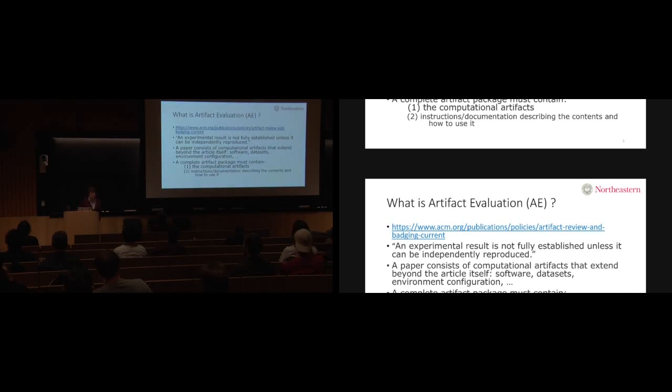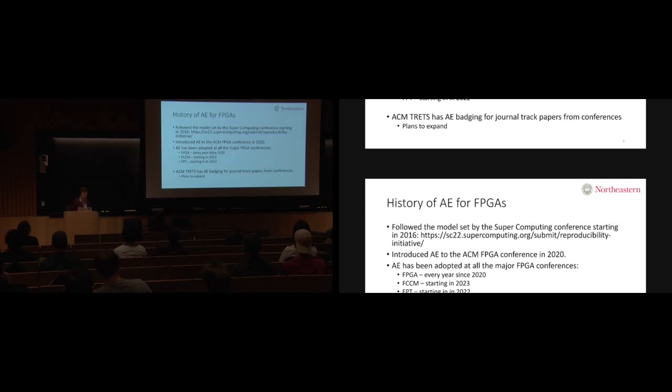Authors can choose to identify artifacts that can be software or data, and say, this is an artifact that I want to have evaluated by someone in the community, and then they provide instructions and documentation describing the contents and how to use it.